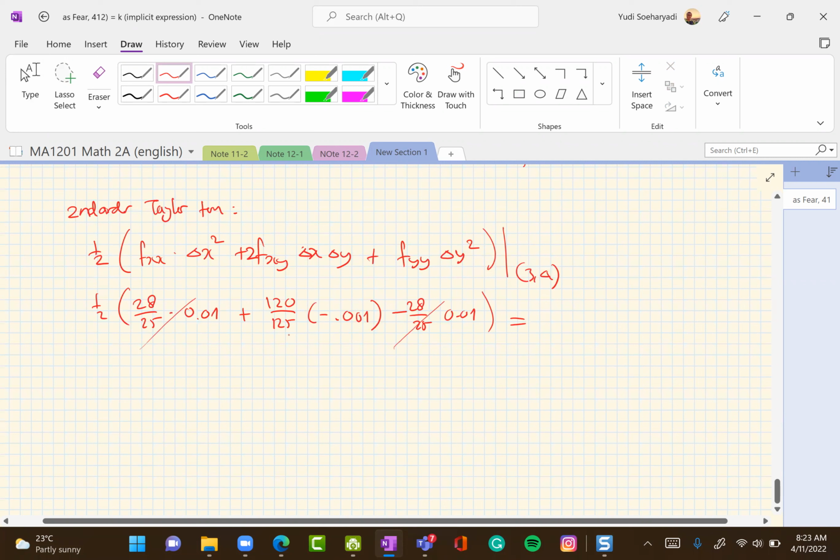What remains is this one. So 60 over 25, negative 0.01. Sorry, I was wrong. Too many zeros. All right. So this is it.